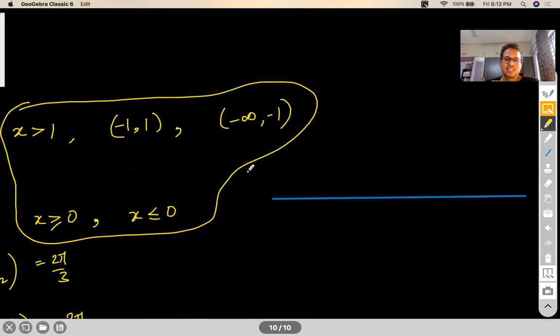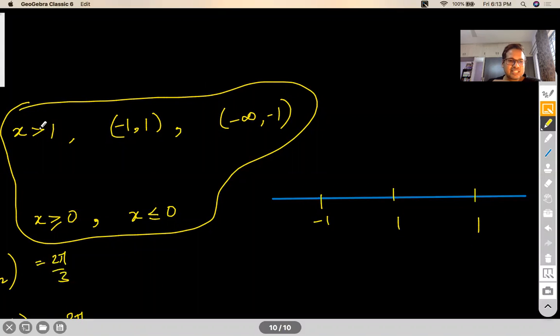The first guy, okay, so there is a different set of property for this guy. Okay, so x greater than 1. I wanted to make a 0 here. Yeah, x greater than 1 basically is this zone. And x greater than or equal to 0 for the other party will be this zone.